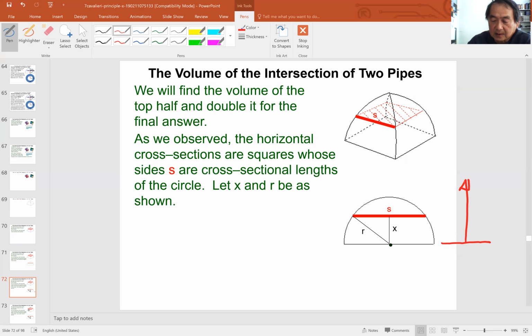We're going to set x. Oh, by the way, the radius is r. I should have drawn this out, and this is at x level. And the question is what's the length s as a function of x.